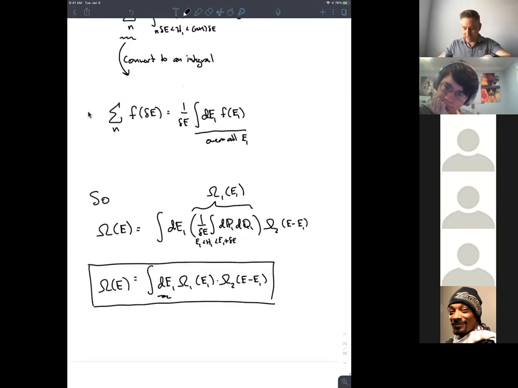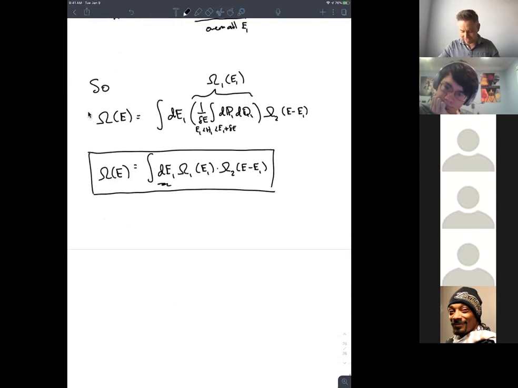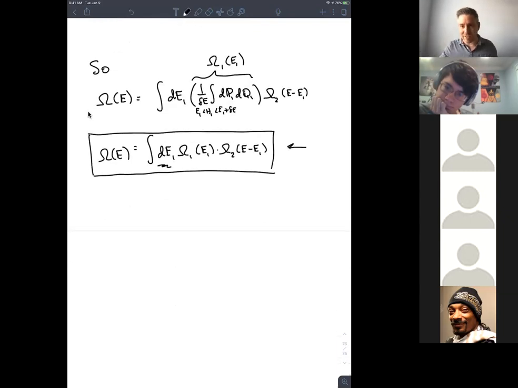Okay, so whether or not any of this proof made any sense to you doesn't really matter. The only thing that really matters is as long as you're okay with this, that the density of states of the entire system is the product of the density of states of the two individual subsystems integrated over all allowed values. Okay, so that's the painful part.